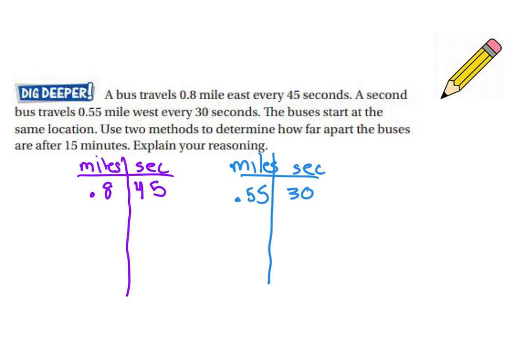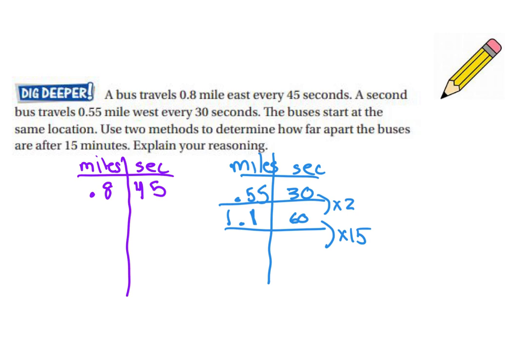I want to start with bus 2, which is in blue, because I know that if I multiply 30 seconds times 2, I can get to 60 seconds, which is a minute, and I'm going to get 1.1 miles. So now I just need to multiply 60 times 15. 60 times 15 is going to get me to 15 minutes.